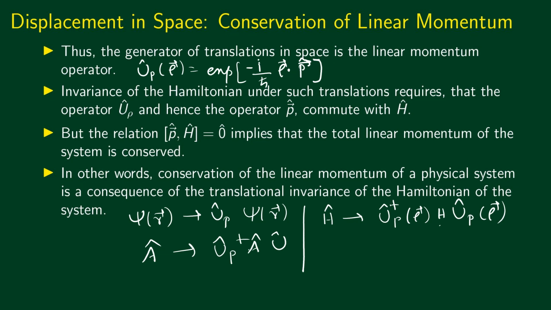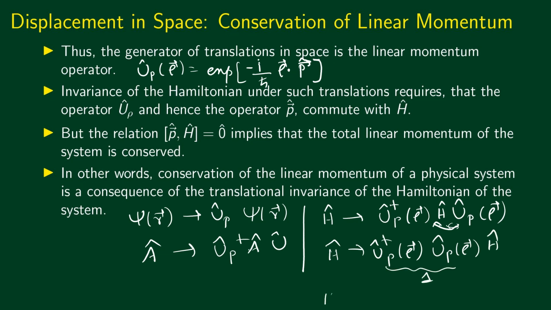The Hamiltonian does not change if this unitary operator commutes with the Hamiltonian. If these operators commute, then we can bring it to this side and then we see that H hat goes to U dagger P of rho vector, U P of rho vector multiplying H hat. Now by unitarity, this is equal to the identity operator and we see that H goes to H itself. In other words, H is invariant.